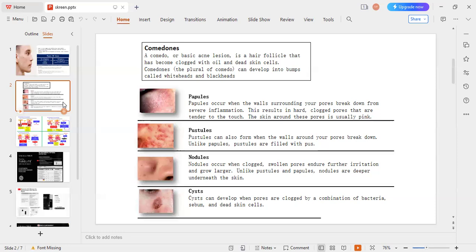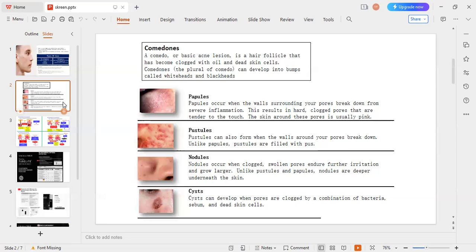They're deeper underneath the skin. When you see the size of the acne, it is a nodule. Cysts can develop when pores are clogged by a combination of bacteria, sebum, dead cells, and impurities, everything coming together. So these are the different categories under inflammatory acne.